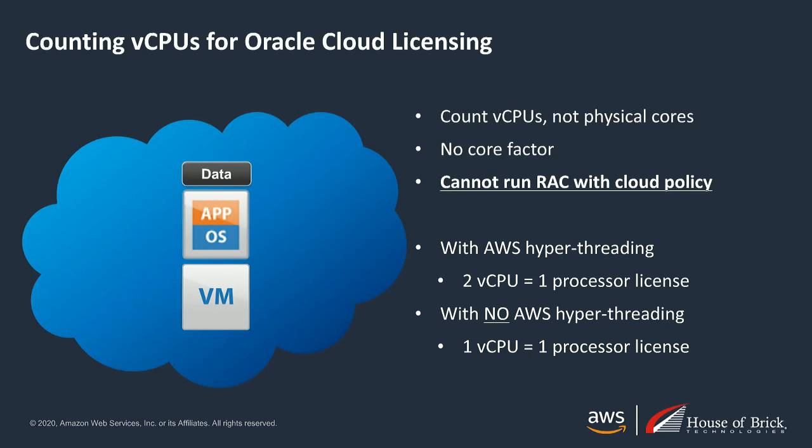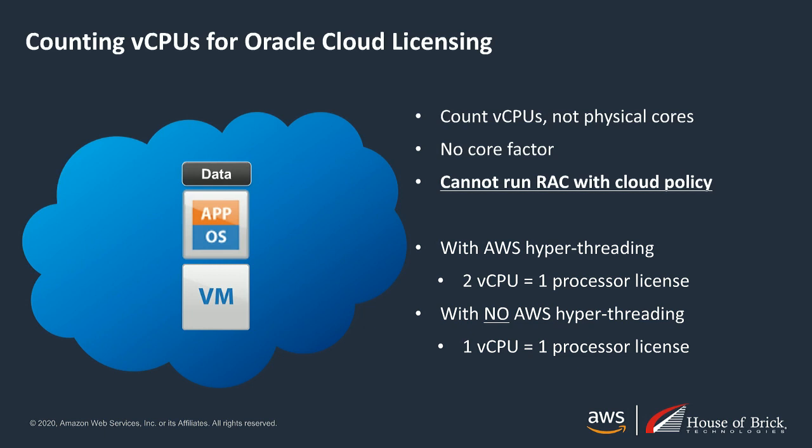When you're using the cloud policy, you're going to count virtual CPUs instead of physical cores. You no longer care about the underlying physical cores. However, you have lost the ability to apply what Oracle calls the processor core factor, which is a price multiplier based on the style of physical core.